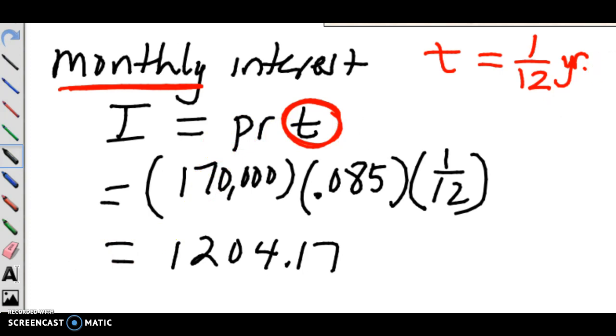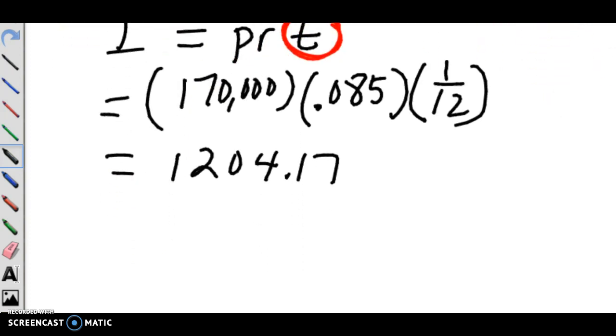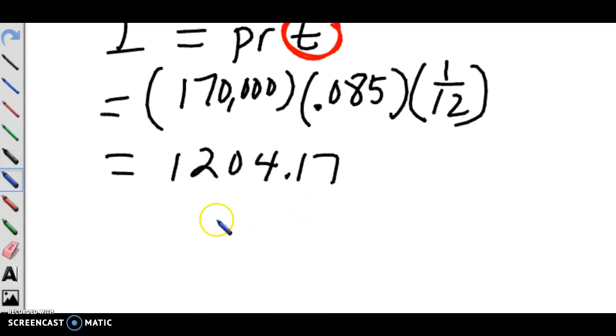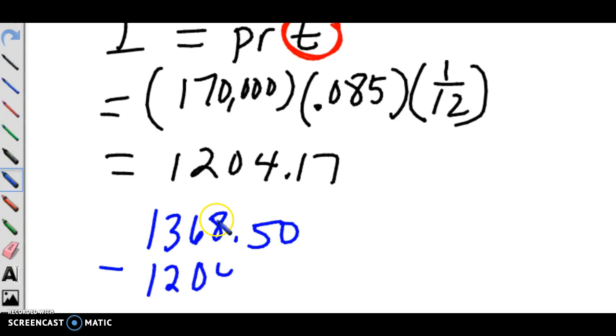So every month, that's how much goes to interest. To find out how much goes to principal, their total monthly payment was $1,368.50, and we subtract from that $1,204.17.